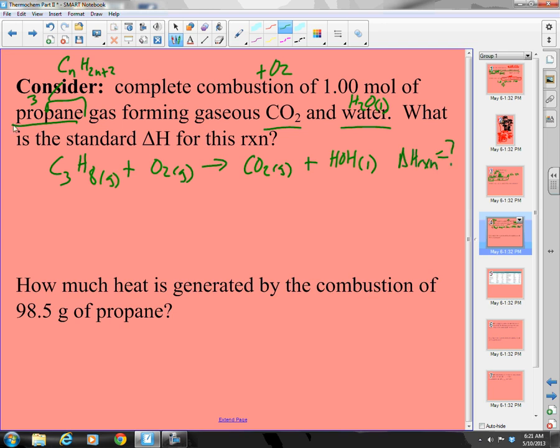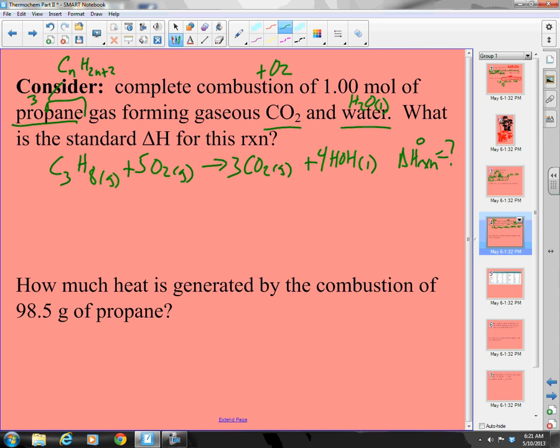And we want to know, what is delta H reaction here? First thing we ought to do here is balance this. I have 3 carbons, so I have 3 carbons there. I have 8 hydrogens, so I need to have 4 hydrogens here. I have 3 times 2 is 6 plus 4 is 10, so 5. So it's 1, 5, 3, 4. There we go. So we have my balanced equation. Now, how is it that I'm going to get the standard, we'll put a little circle up here, standard heat of reaction?